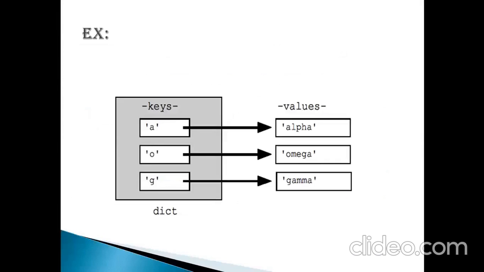Example, in this case, A is the key, alpha is the associated value for the key. O is the key, omega is the corresponding value for O. G is the key, gamma is the associated value for G. Likewise, we can create a dictionary with the help of a key and the associated value.